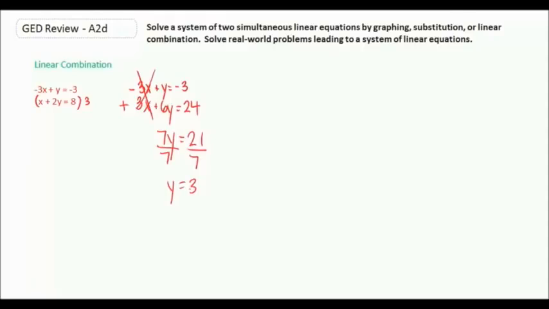And now all you need to do is choose one of your equations. It doesn't matter which. Okay, we can say x plus 2y equals 8. We'll use the second one. We're going to sub the y that we just got into that equation. So x plus 2 times 3 equals 8, which is really x plus 6 equals 8.